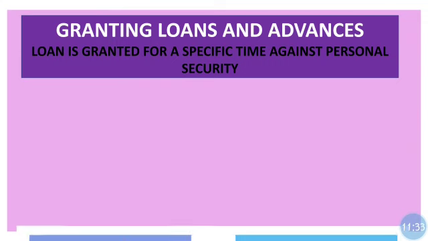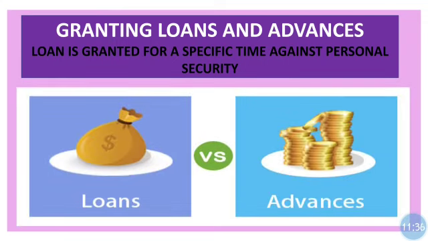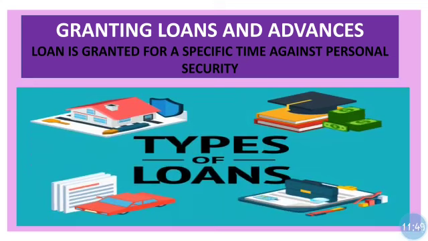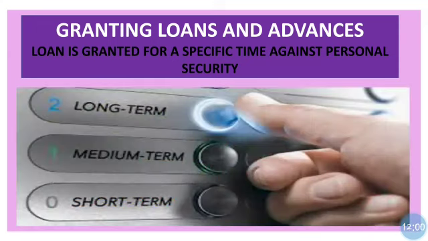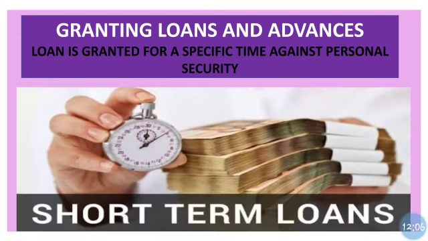The bank receives money through its customers, and out of these deposits, the commercial bank grants loans and advances to the public. A loan is granted for a specific time period. So there are different types of loans: long-term loan, medium-term loan and short-term loan. Short-term loans are for a period of 1 year to meet working capital.